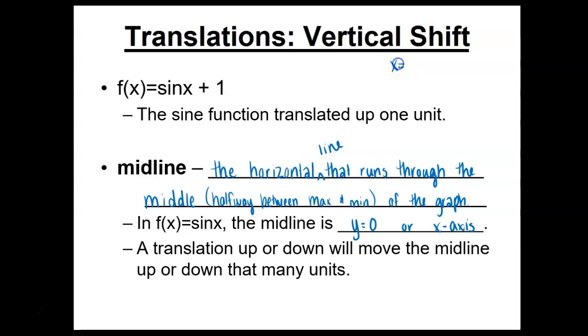X equals a number, like x equals 3, is a vertical line. Y equals a number, like y equals -2, is a horizontal line. So midlines will always be y equals some sort of number. It will never be x equals a number. That would give you a vertical line.